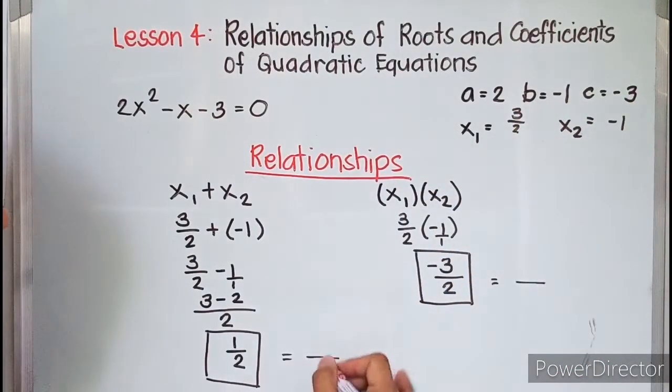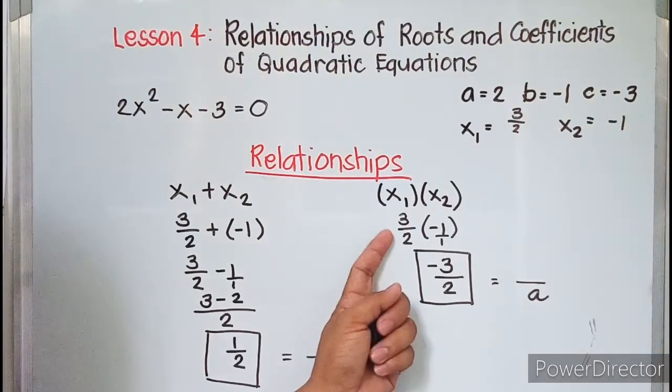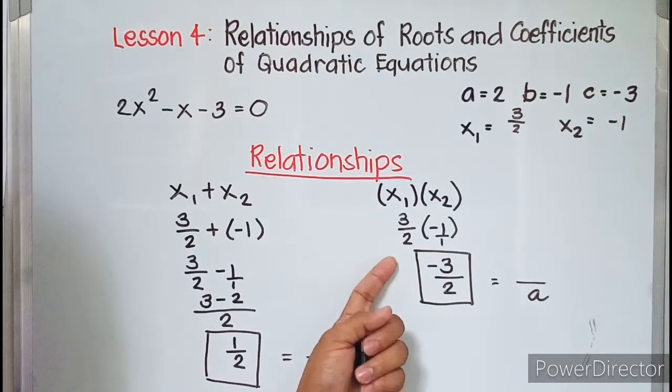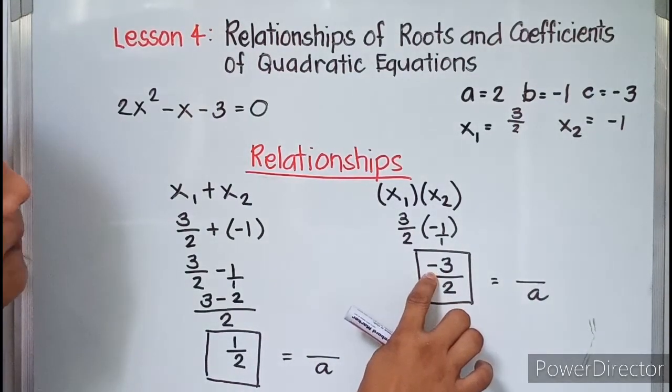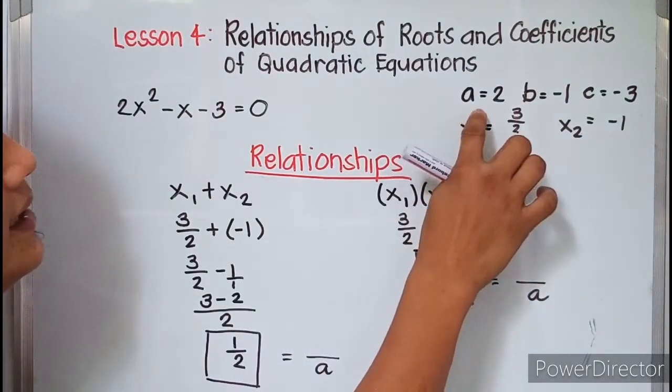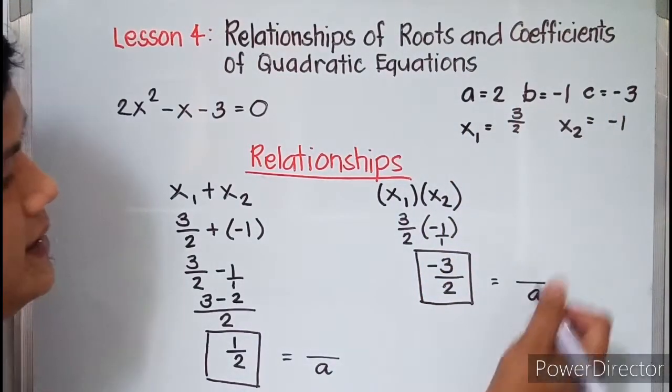So, it is equal to A. Then, our product, unahin muna natin ito, is negative 3. Negative 3. So, saan equal si negative 3? Kay A, kay B, or kay C? So, kay C.